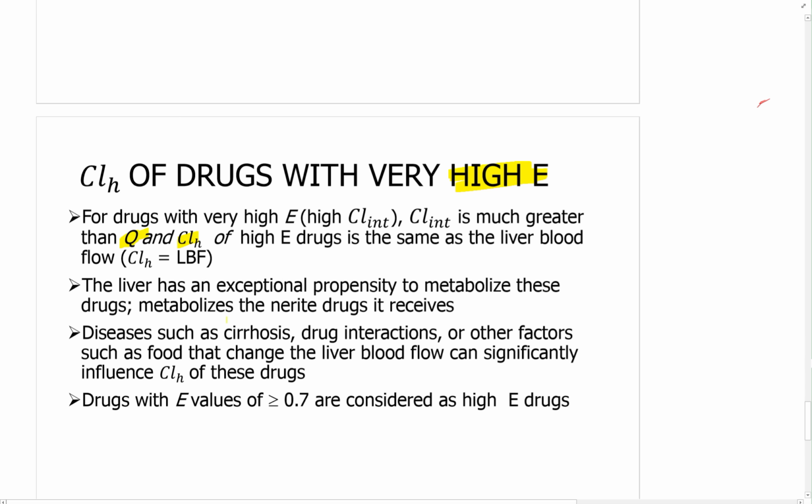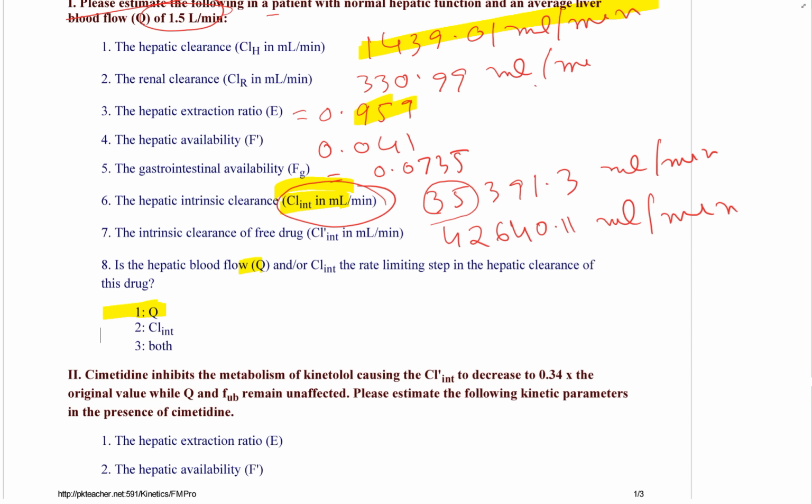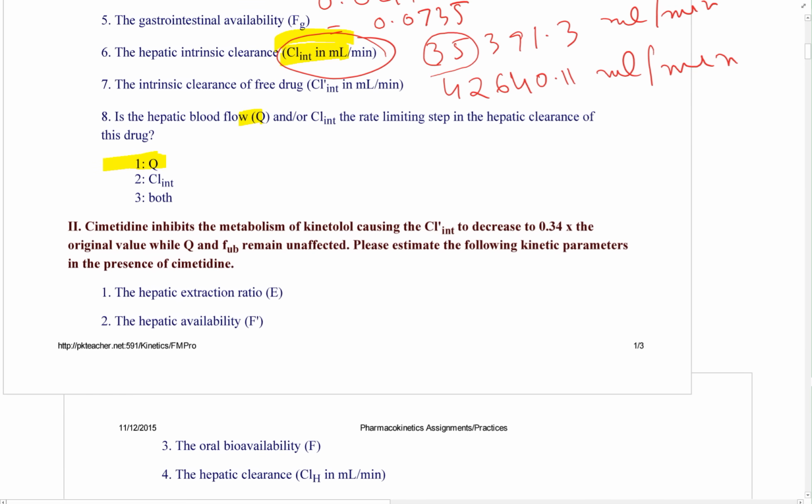For drugs with very high CLINT, much greater than Q, CLH is limited by blood flow. So the liver metabolizes the entire drug as it receives it. For diseases like cirrhosis, other factors can influence the blood flow. For high E drugs, blood flow has a major influence in this case. For this reason, our answer is Q. Q is the answer. So in a few minutes I'll start the second part of this assignment.